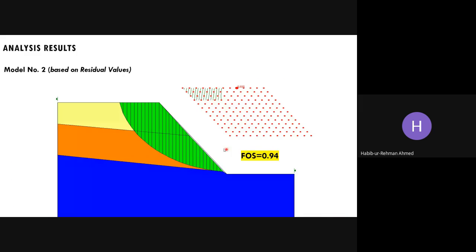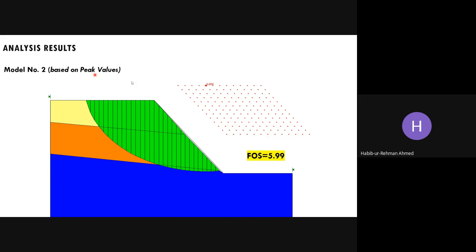So this is again quite confusing. Sometimes people say I should go for residual values, but if the slope hasn't moved much, you cannot use residual values. You have to go for the peak values. So peak values is giving a very high factor of safety of 6.